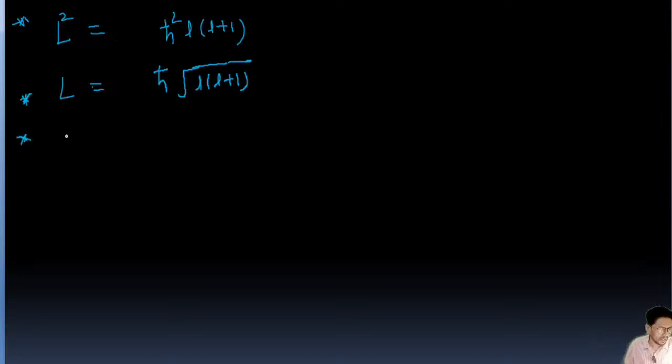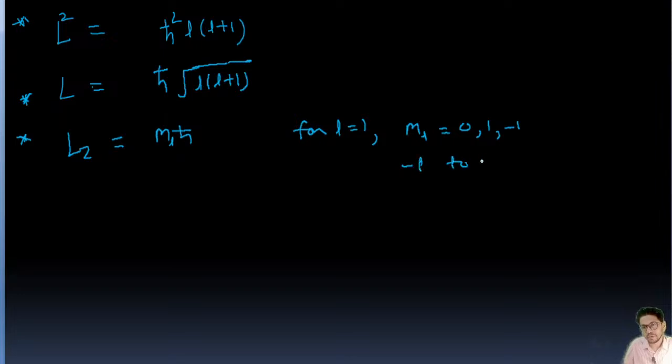We have solved many questions using these formulas. The value of Lz is m h cut, these are ml values, or we can say ml h cut. For L equal to 1, the values of ml are 0, 1 and minus 1, that is minus L to plus L. These are the values of ml.